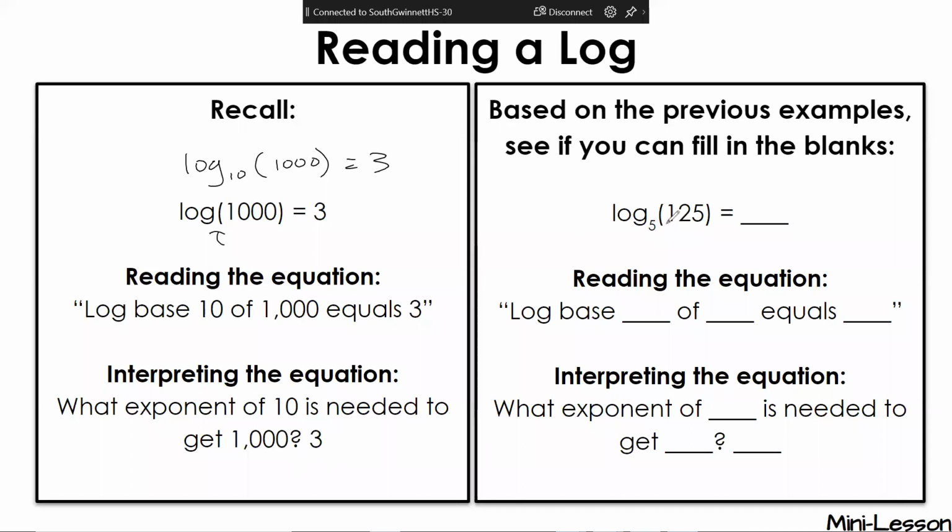That's 3. So now we want to try it with a different base. 5 to what power would give me 125? Okay, so 5 to the second is 25, and then 25 times 5 would give me 125. That's 3.